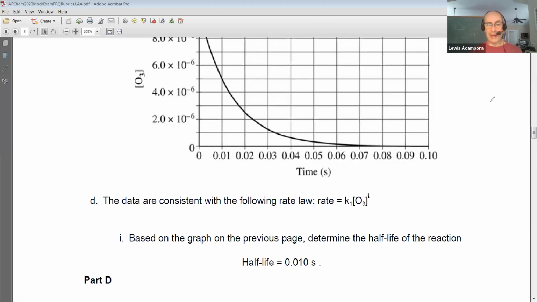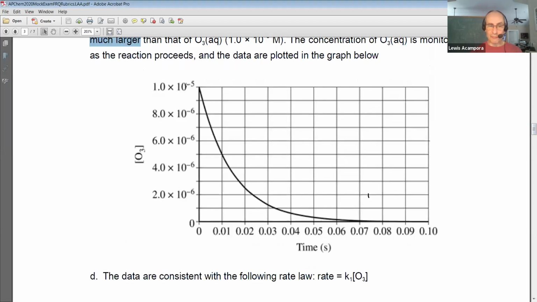So, if we go back to our graph here, we see the initial value is 1 times 10 to the negative 5th moles per liter. Half of that would be 5 times 10 to the negative 6 moles per liter. And the amount of time it takes for that to happen is 0.01 seconds. And be careful of the unit there. A half-life is an amount of time.